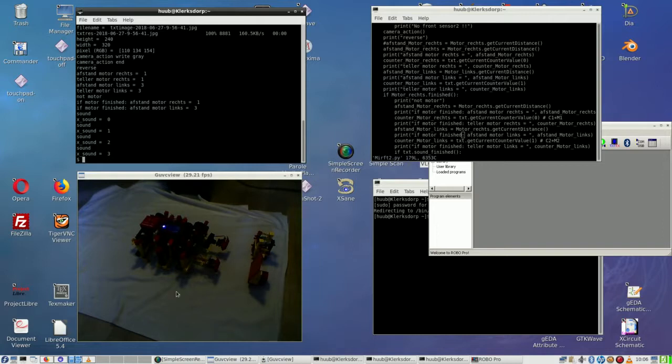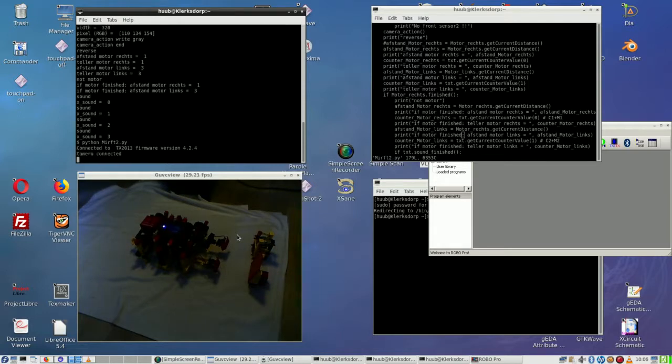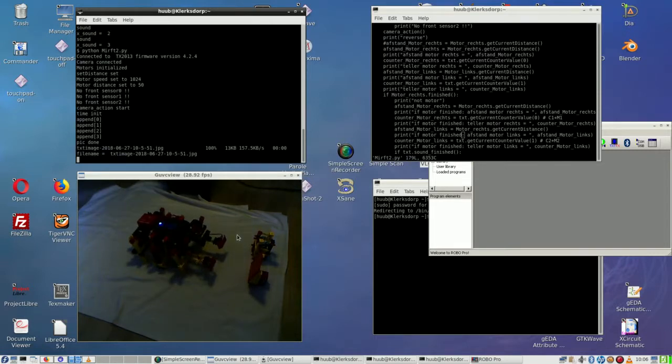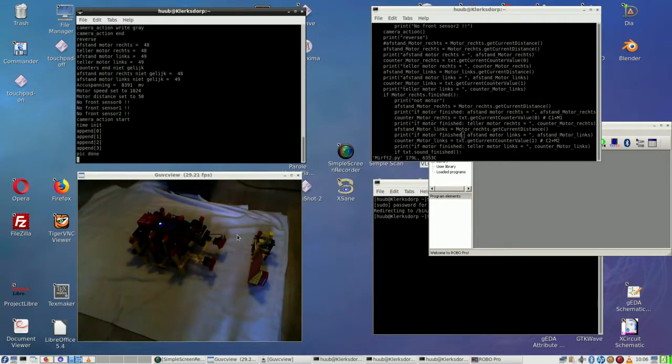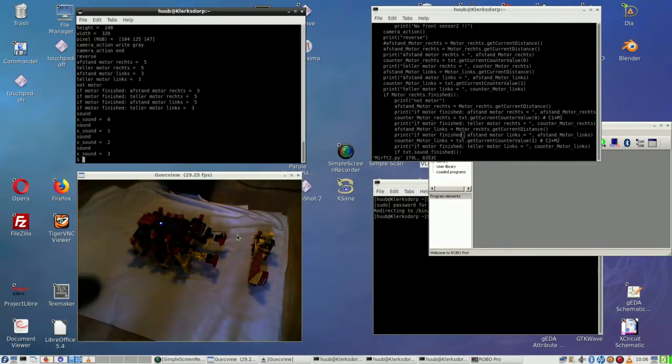So let's take a look at the camera view and say go. If it goes anyway, considering the problem of the weight. Oh, right now it doesn't even do anything. Oh, look at this. Really? Surprising.